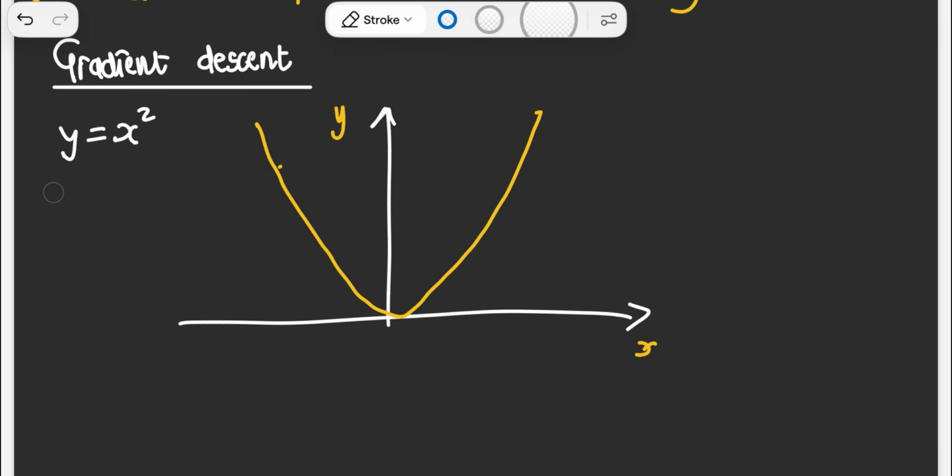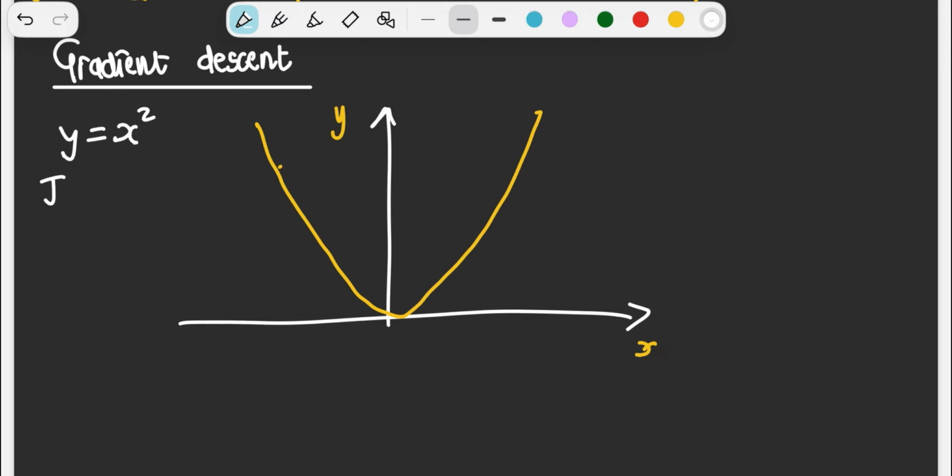Let's replace y with j of theta. I haven't done anything fancy. I'm just renaming y as j of theta, right? Nothing fancy here. Don't complain. And I'm going to rename x to just be theta. So j of theta is equal to theta squared. Some function called j of theta. So you can be comfortable with me removing j of theta and this being theta, right?